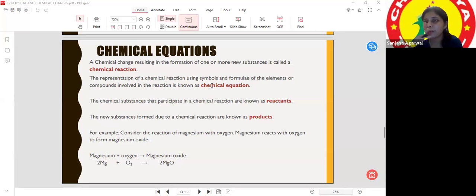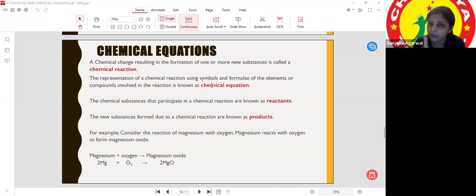We cannot write the complete names of elements again and again, so they have been converted into symbol form, and every element's symbol starts with a capital letter. Mostly elements have either one or two letters only.